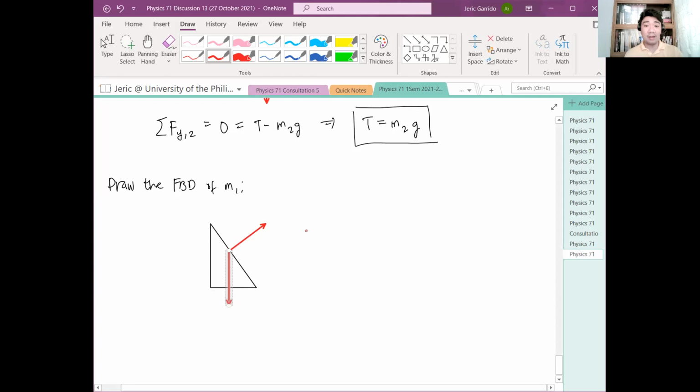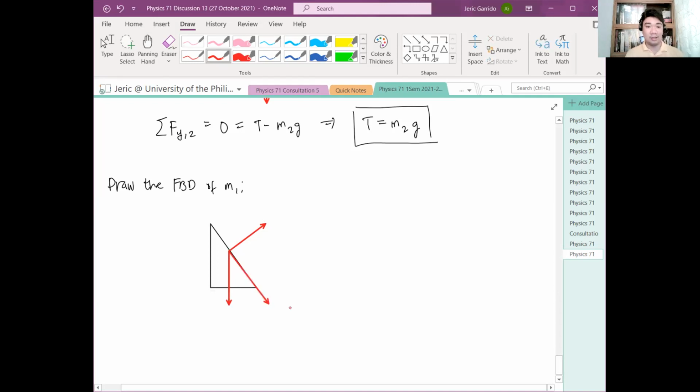And then there's another force, the force of the rope exerted on M1. Because remember, the boxes are connected by some rope, and that rope is exerting a tension on M1. So meron ka ngayong tension dito in this direction. It should be along the incline pababa.